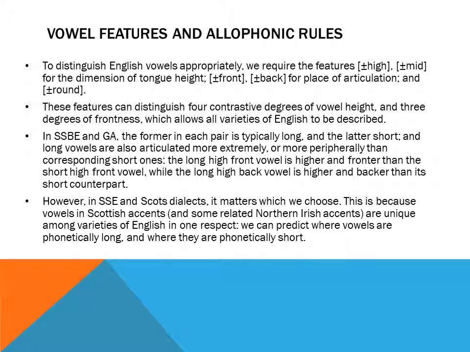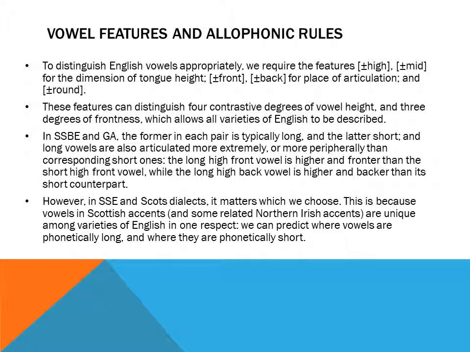In Standard Southern British English and in General American, the former in each pair is typically long, and the latter short. And long vowels are also articulated more extremely, or more peripherally, than corresponding short ones. The long high front vowel is higher and fronter than the short high front vowel, while the long high back vowel is higher and backer than the short counterpart.